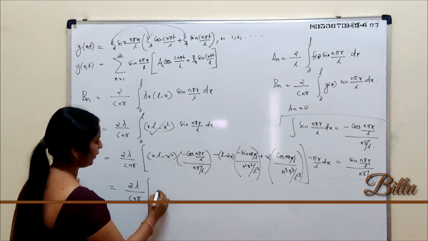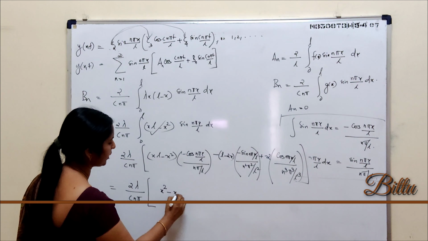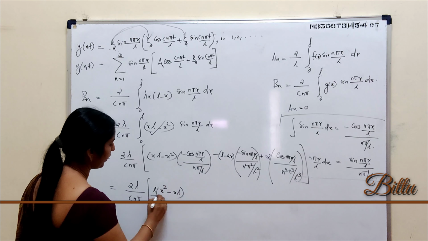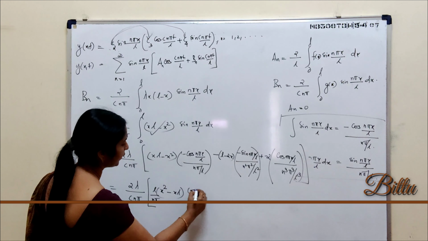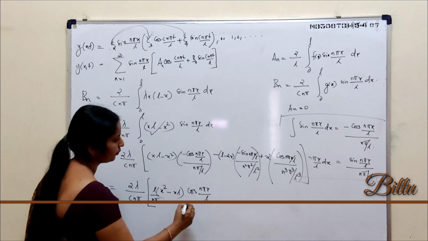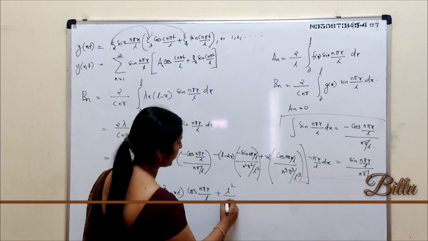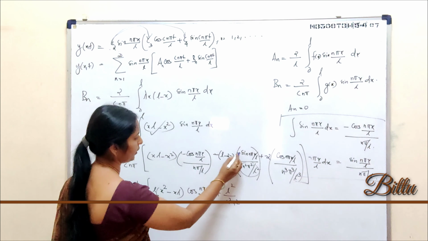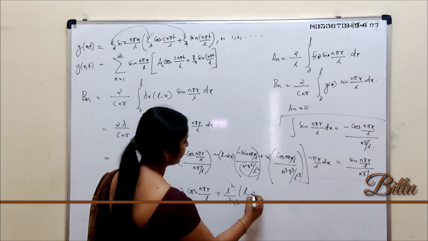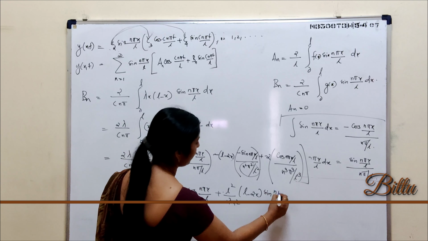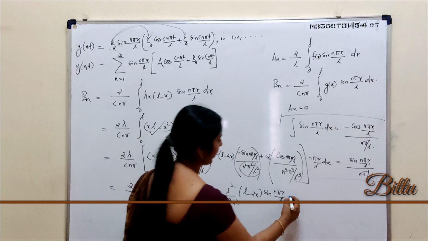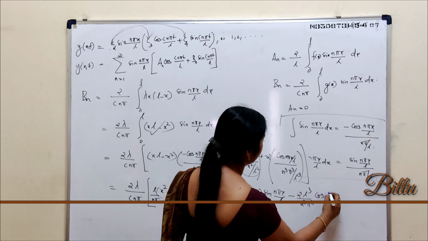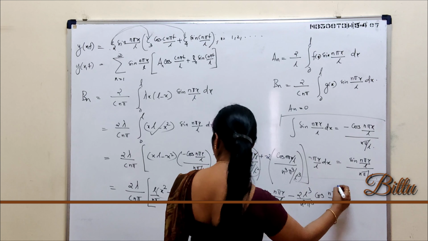You adjust the negative sign here, so the polynomial becomes x square minus xL into L by n pi cos(n pi x by L) plus L square by n square pi square, minus into minus plus, L minus 2x into sin(n pi x by L) minus 2L cube by n cube pi cube into cos(n pi x by L).